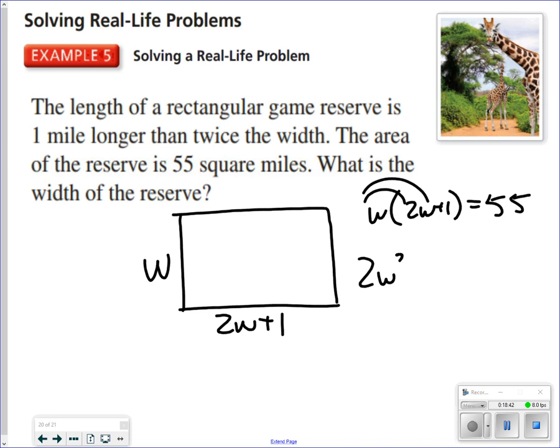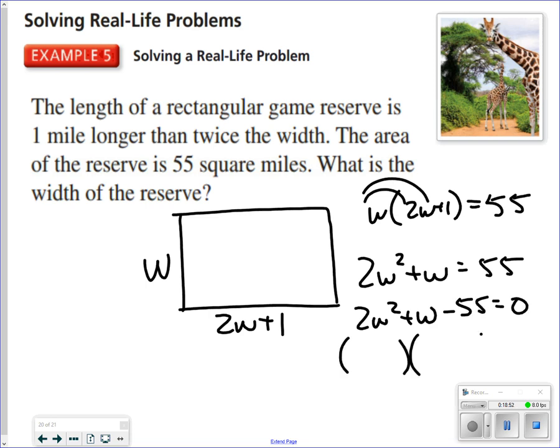Distribute: 2W squared plus W would equal 55. How do I solve? I have to make it equal 0, and then I have to factor it. So I need two things that'll multiply to be 2W squared, and then I need two things that'll multiply to be 55. So a +11 times a -5.